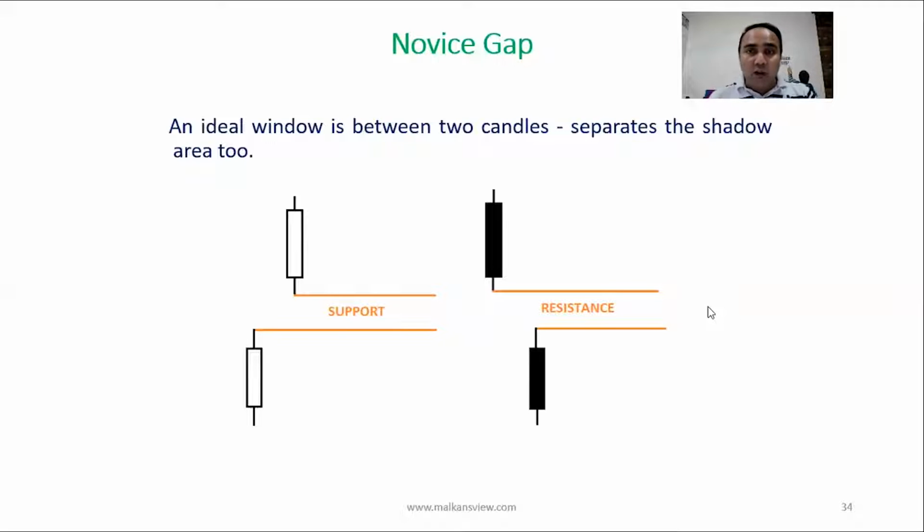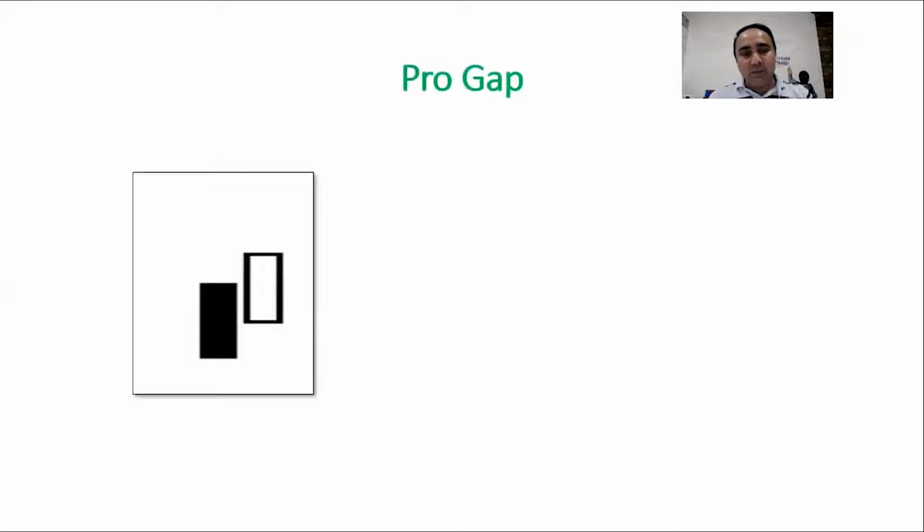Now I want to talk about the Pro Gap. What is Pro Gap? Pro Gap is something where you can't see the gap, but there is a gap. Now let me show you that. It's basically our star concept if you have seen my star videos. So this is Pro Gap. Now look at this: the market closed near the low, the black candle, and the market opened with a gap.